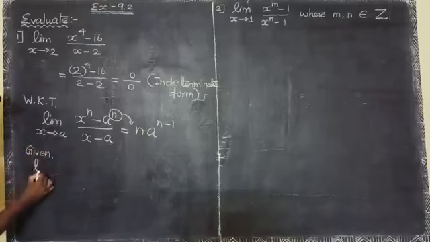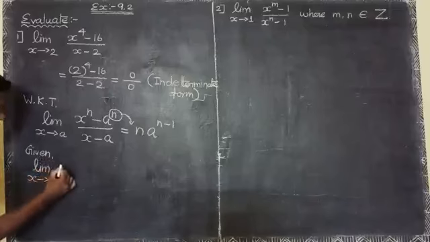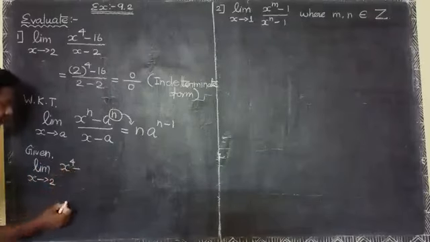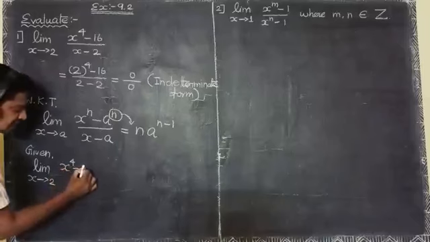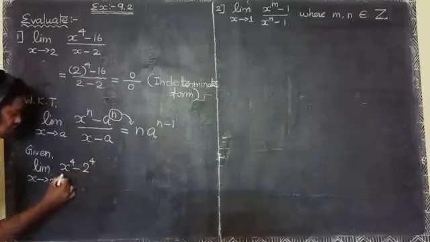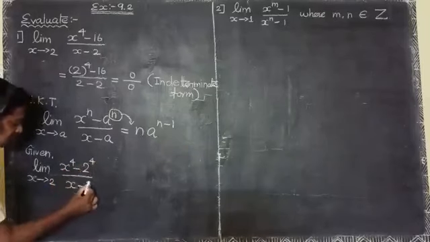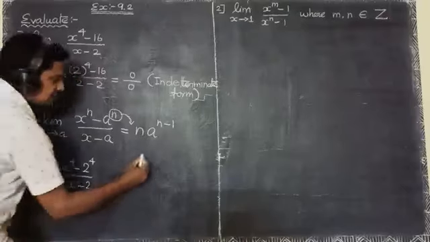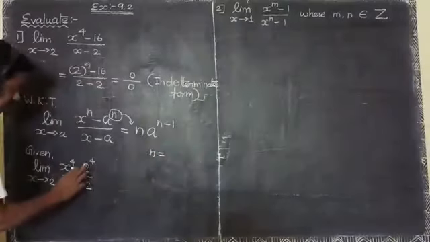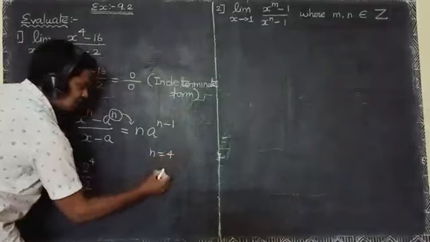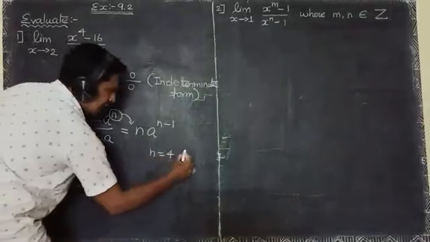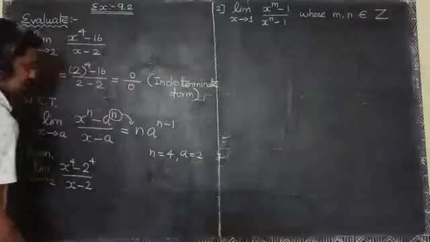Using this property in the given problem, limit x approaches 2, x power 4 minus 16, where 16 can be written as 2 power 4, divided by x minus 2. Here n is equal to 4 and a is equal to 2.